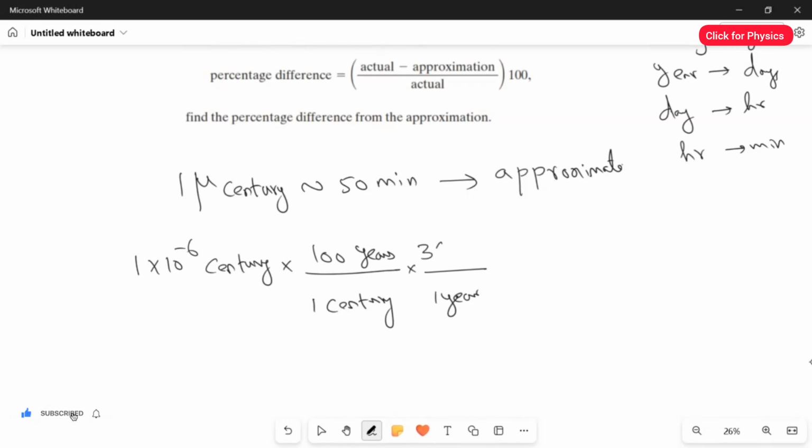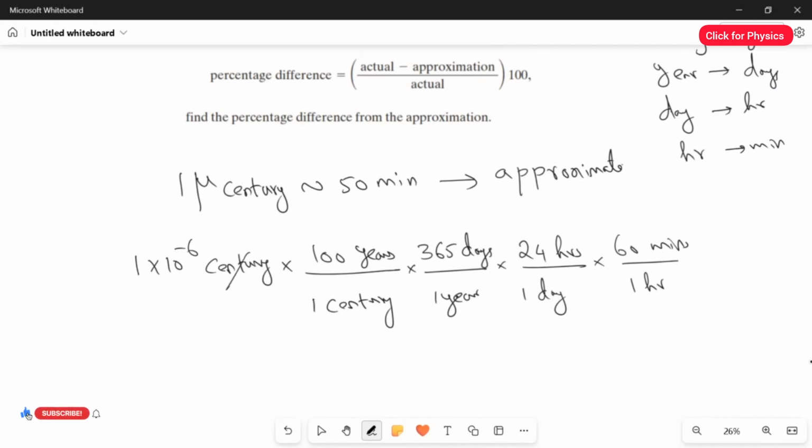We have 365 days. And likewise in 1 day how many hours do we have? We have 24 hours. And in 1 hour we have 60 minutes. Clear? So we use the conversion equation here for converting from century to minutes.